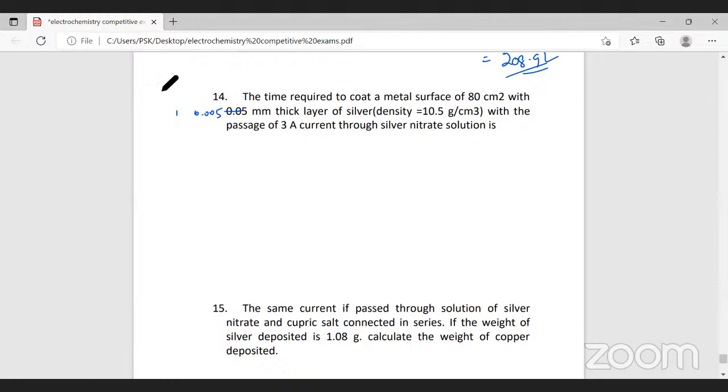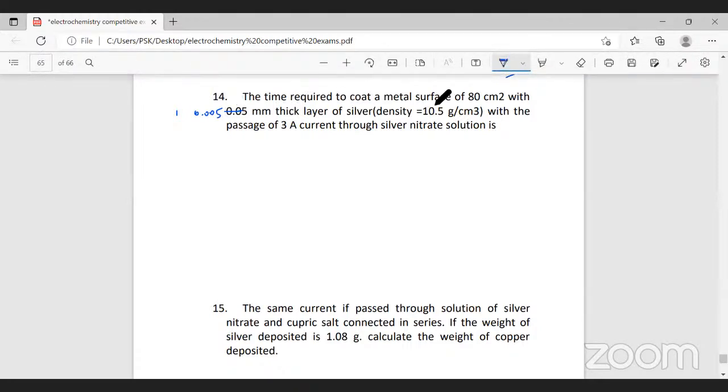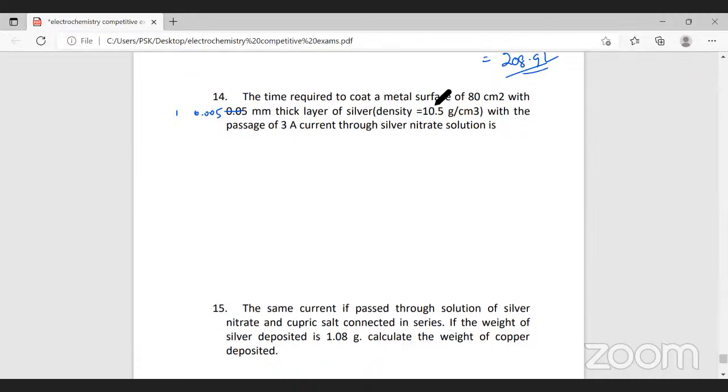They're asking you the time required to coat a metal surface of 80 centimeters square with 0.005 millimeters thick layer of silver. Density is 10.5 gram per centimeter cube with the passage of 3 ampere current through silver nitrate solution. So what is the volume of layer of silver?